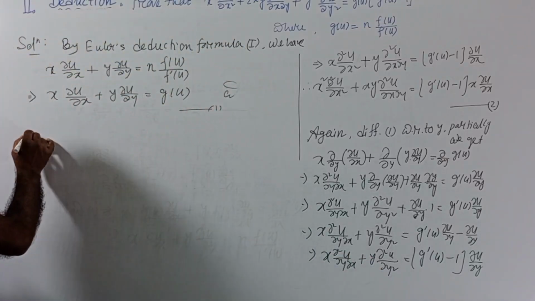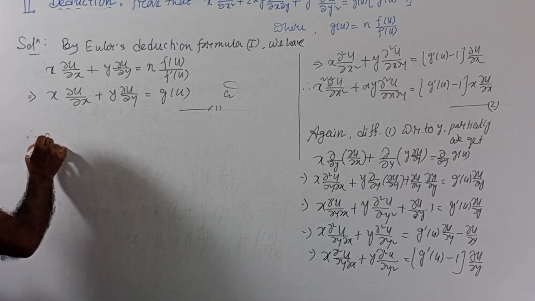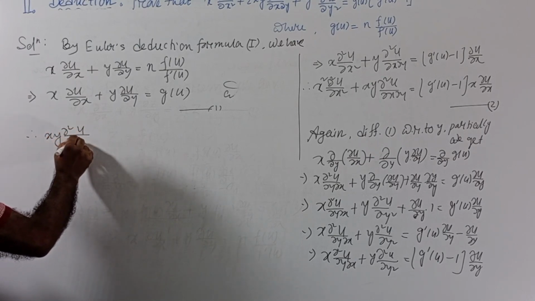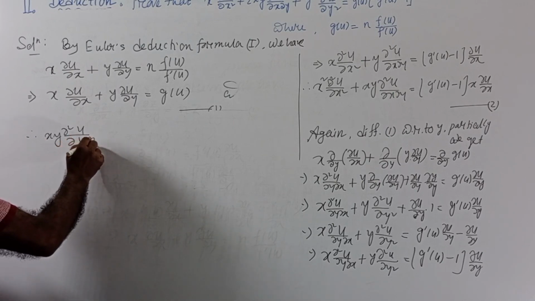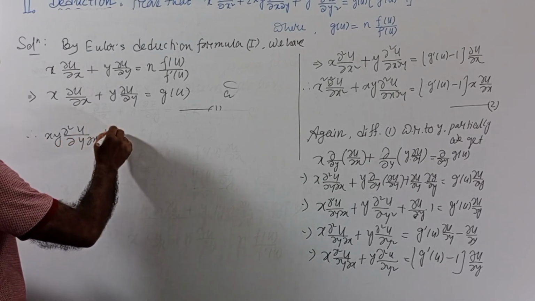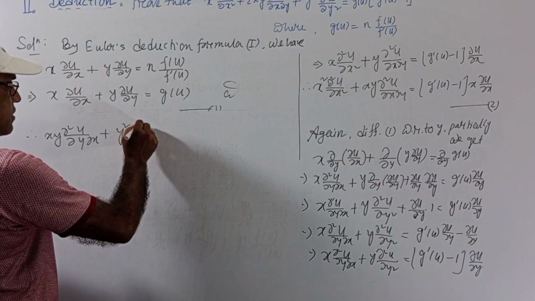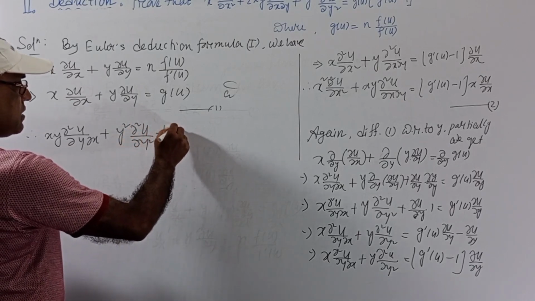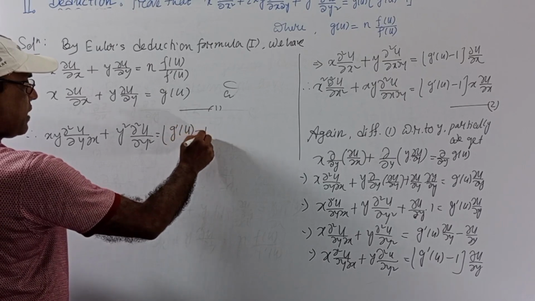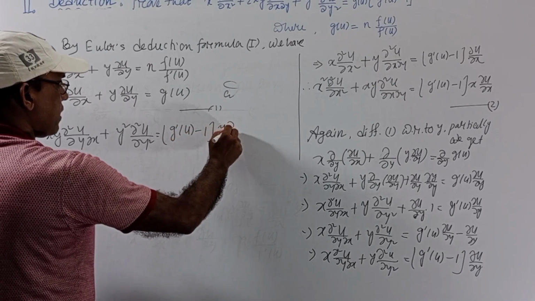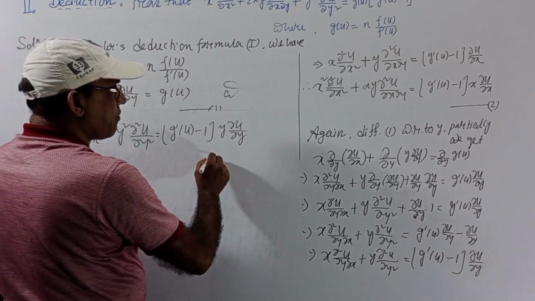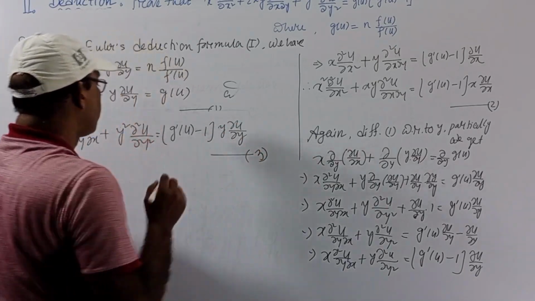Now therefore if we multiply by y, then we get xy del square u by del y del x, and this is y square del square u by del y square. This is g dash u minus 1 times y del u by del y, and this is number 3 we consider.